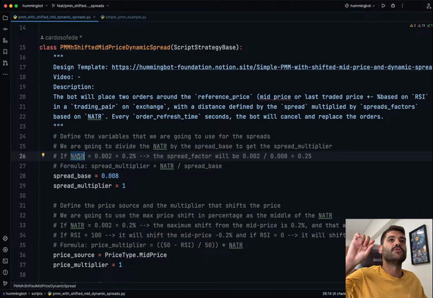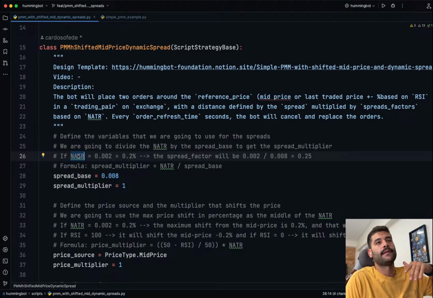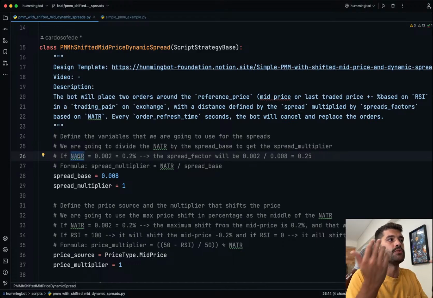So probably you would like to modify that scalar from the NATR and find a way that the multiplier is not so high. Or also you can customize and put a cap for the multiplier and say, okay, the multiplier cannot be higher than 2 and cannot be lower than 0.5. But well, that's up to you and how you want to modify the strategy later on.